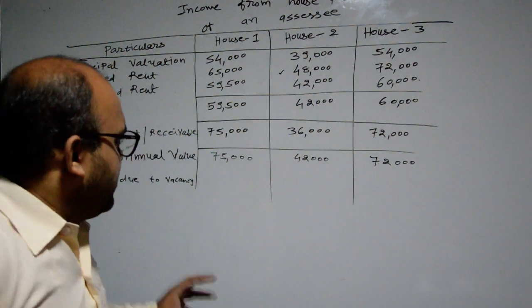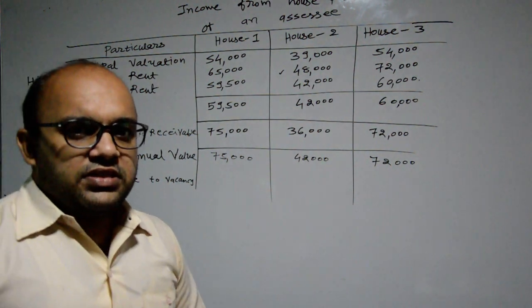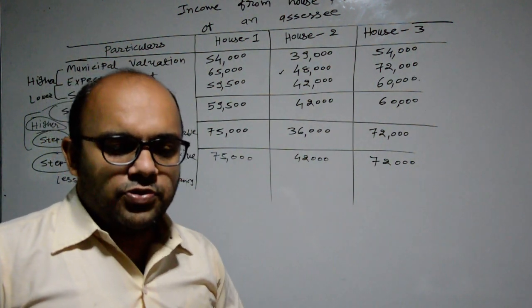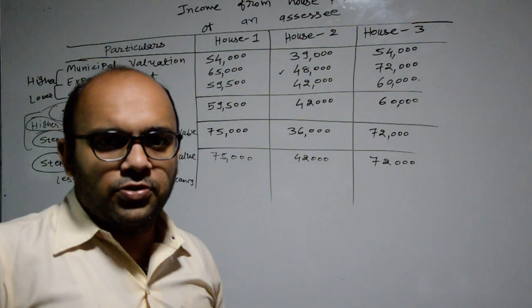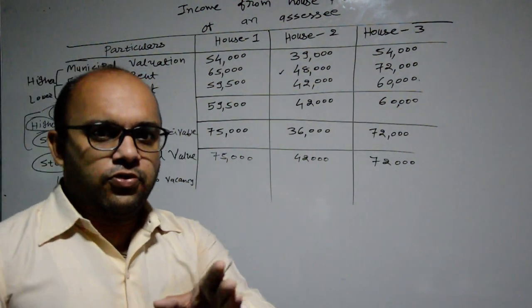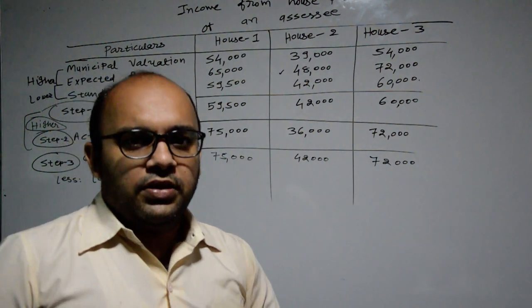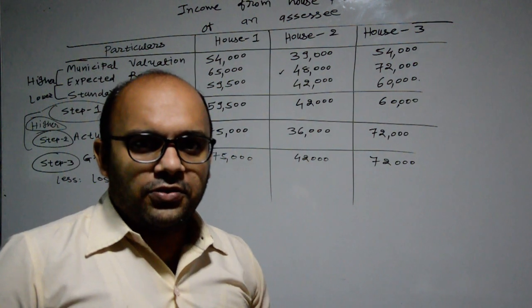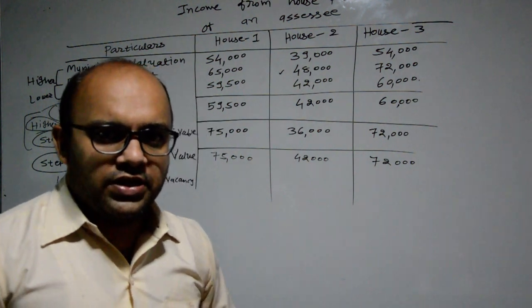In this situation the owner is not receiving any rent. Suppose you give your property on rent for rupees 5,000 per month, then you will receive annually 12 multiplied by 5,000, means 60,000 rupees.